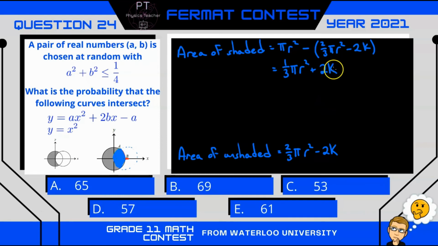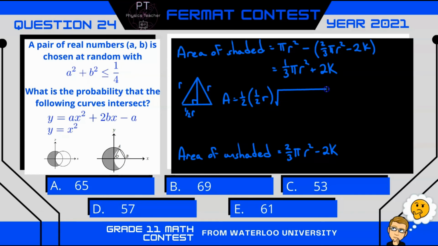Now we need to figure out what that k actually is. So remember that k was the area of the triangle, and it is an equilateral triangle where all sides are going to be equal to r. And you can split that into 2, where this is 1/2 r. And you can just figure out the area of a triangle, which is 1/2 the base, which is 1/2 r, times the height, which you can get from the Pythagorean theorem as the square root of r squared minus 1/2 r squared, which is 1/4 r squared.